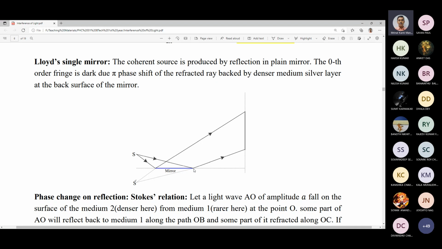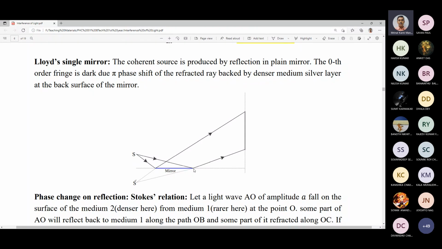That means when the path difference is 0 in Lloyd's mirror experiment, that indicates the phase difference is 0, but that indicates the minima. But according to our previous knowledge, it should be maxima.